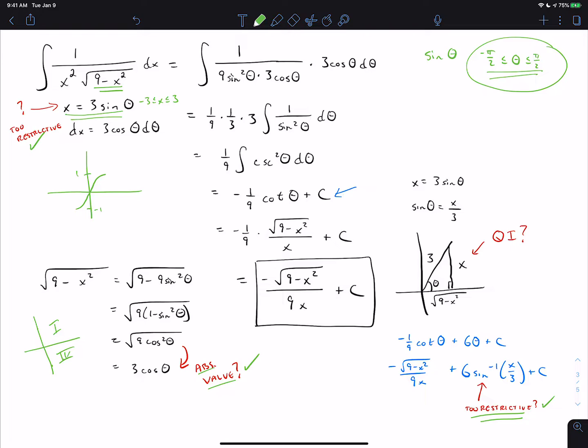Okay, last thing we want to talk about is why is this okay for it to be in quadrant 1? So it gets us the right answers is basically the answer to that question. It is possible that the diagram really looks like this because it could be between negative pi over 2 and 0. If that's the case, then when we label the diagram, we use this x over 3. So x is here, 3 is here. This side is the square root of 9 minus x squared.